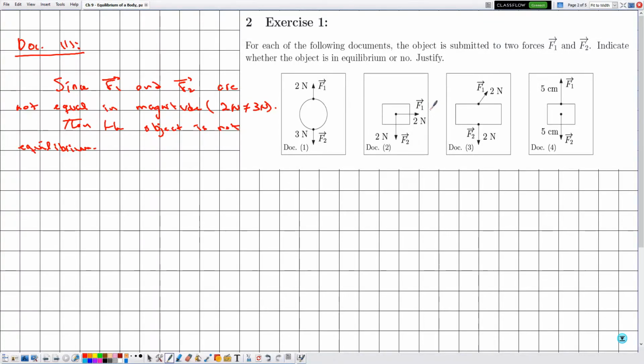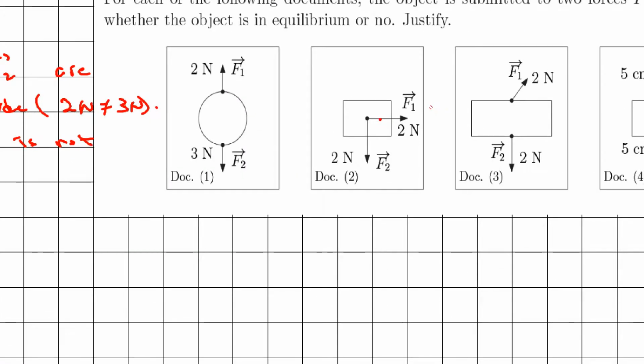Now as for document 2, this is directly not at equilibrium because in order for the object to be at equilibrium, both forces must have the same line of action. So notice that here the line of action is not the same. This one is horizontal whereas this one is vertical.